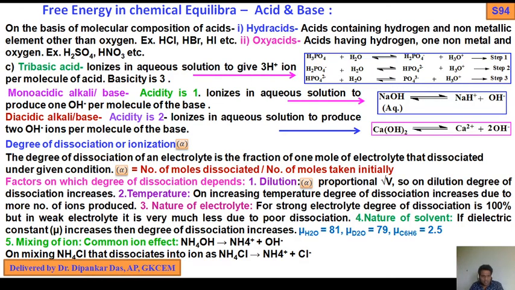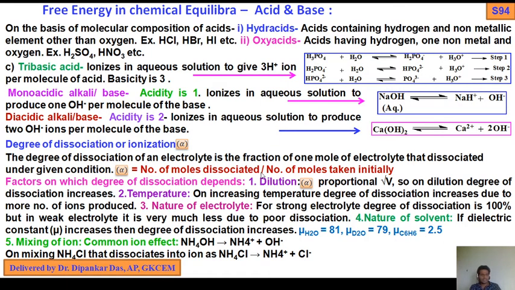If the dielectric constant increases, then degree of dissociation also increases. The dielectric constant of water is maximum, 81 here. Next D2O 79, then nonpolar benzene 2.5. Okay, so dilution is factor number 1, temperature number 2, nature of electrolyte number 3, nature of solvent number 4.